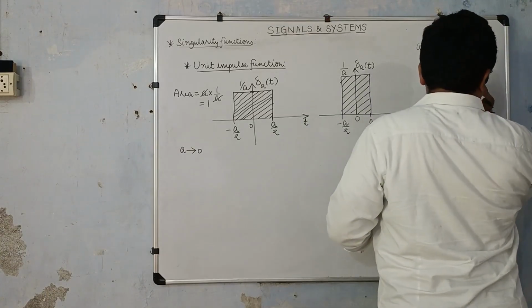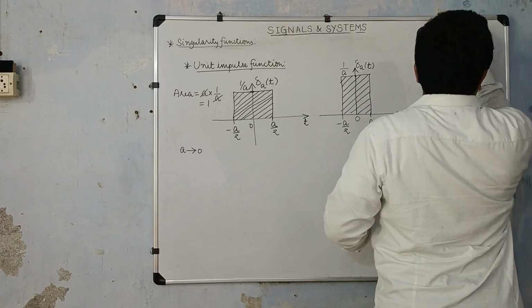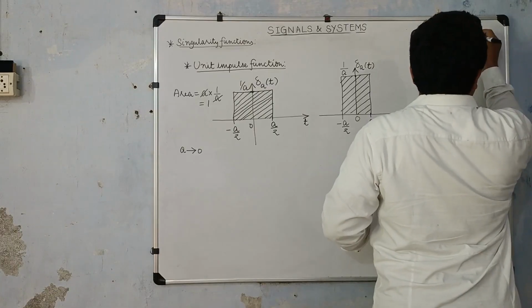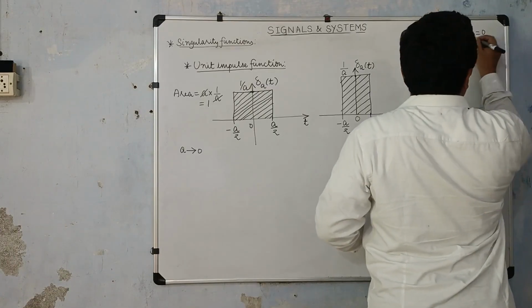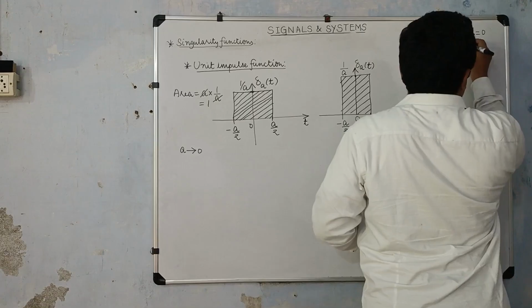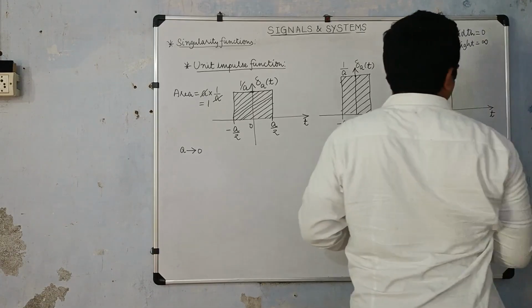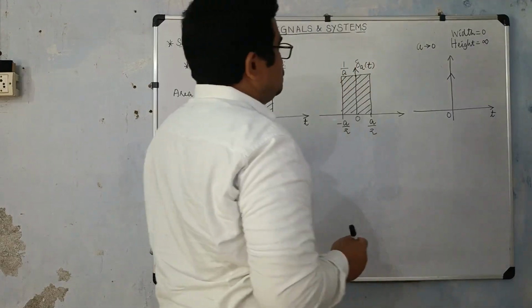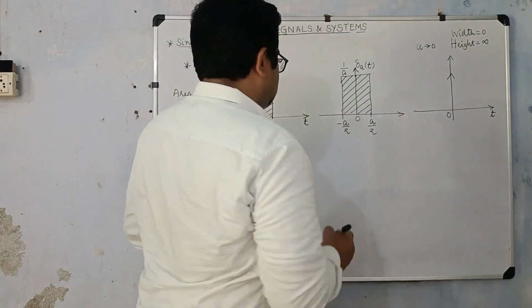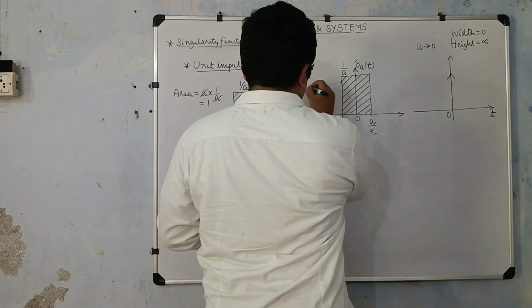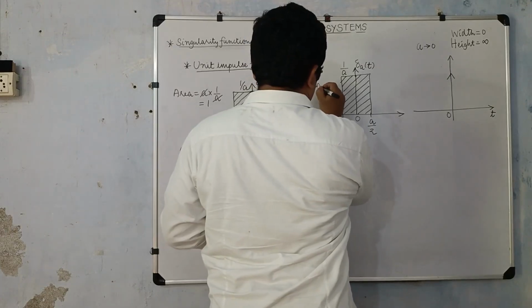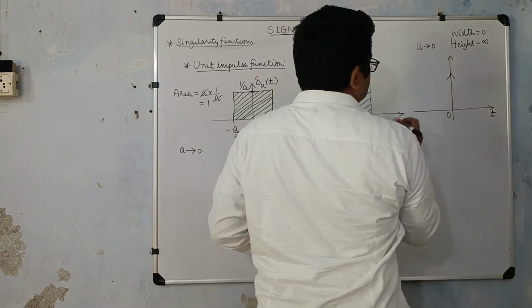Okay, so what we can say here is the width of the pulse is 0 and the height of the pulse is equal to infinity. So here also the area remains the same. So here my area is equal to 1.